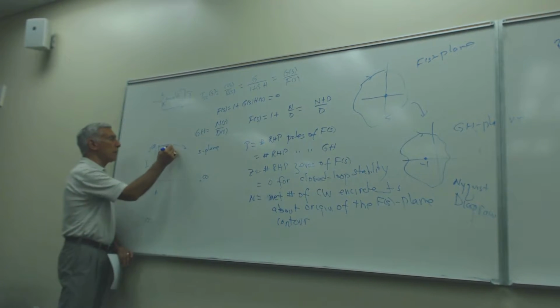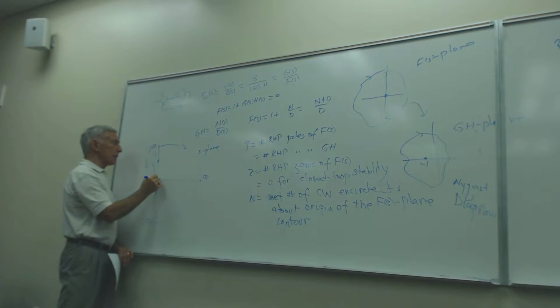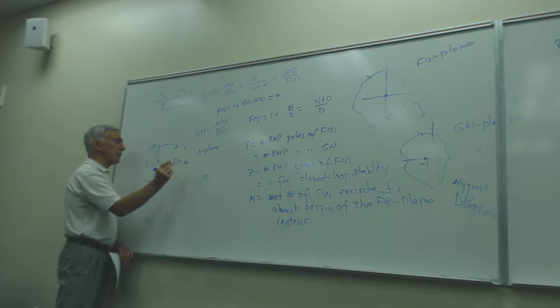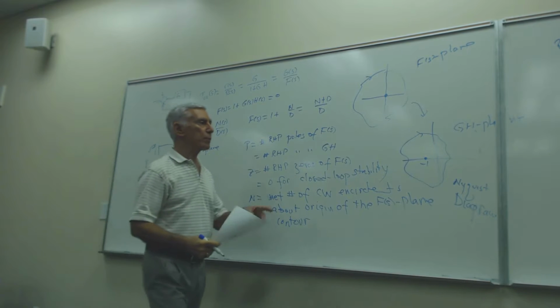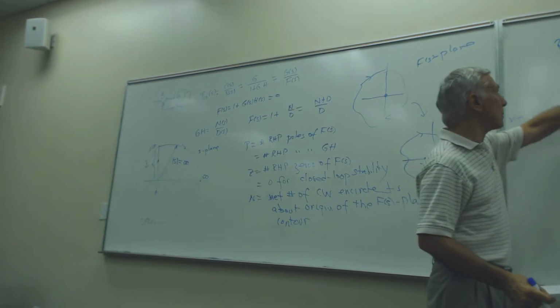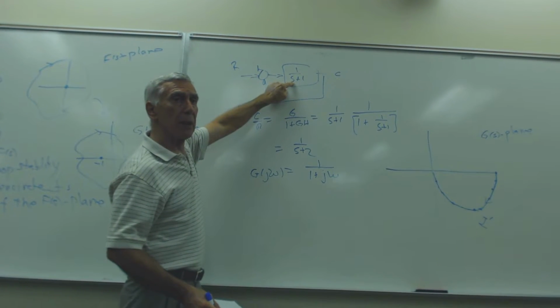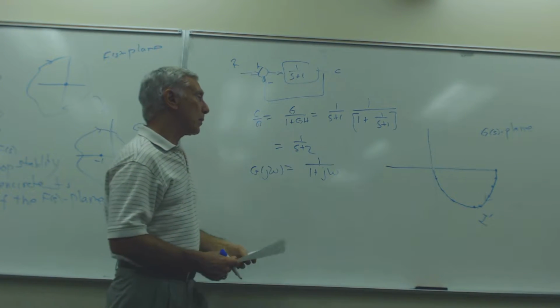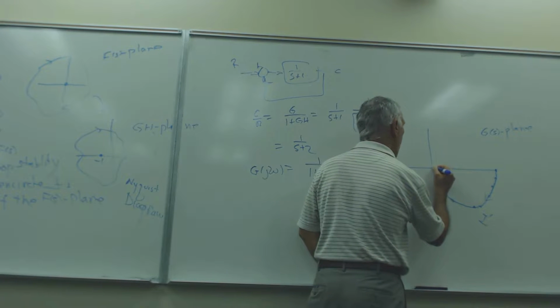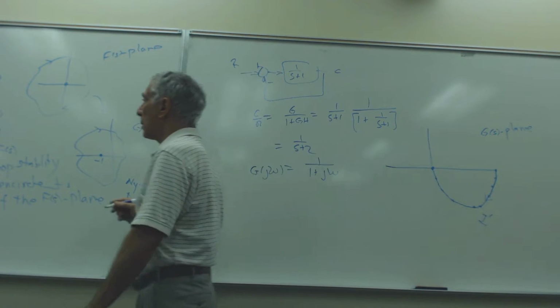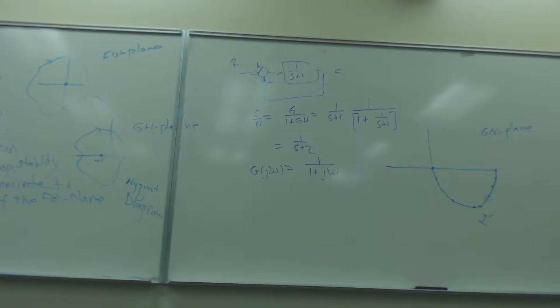But if you're at an infinite distance, the magnitude of S is infinite, then what is the corresponding GH? It's going to be 0. So all those points on this infinite radius quarter circle map into the origin.